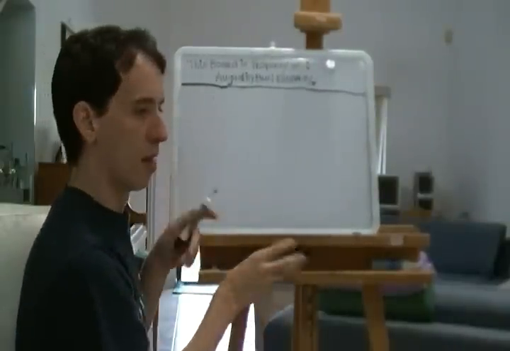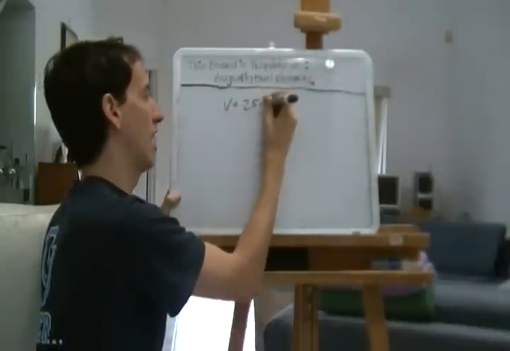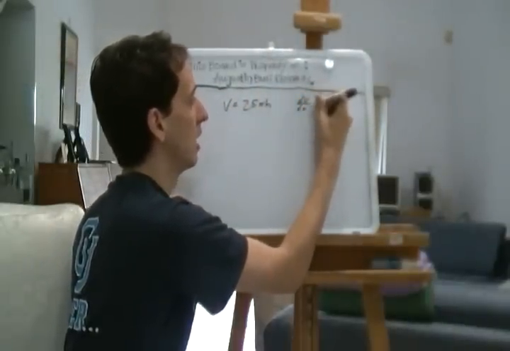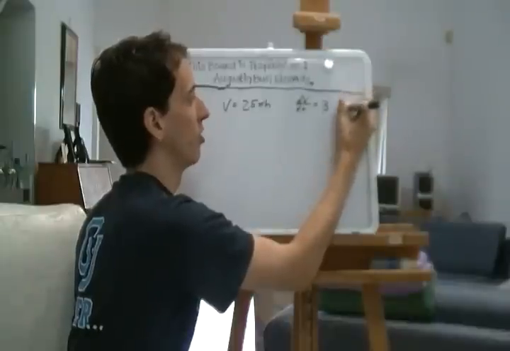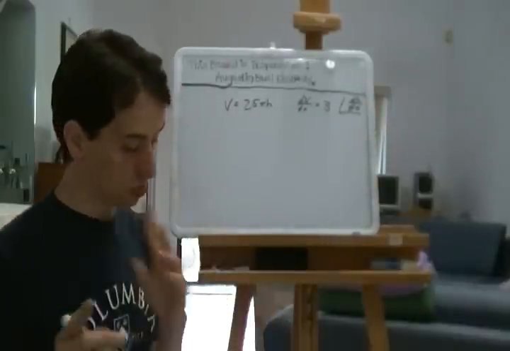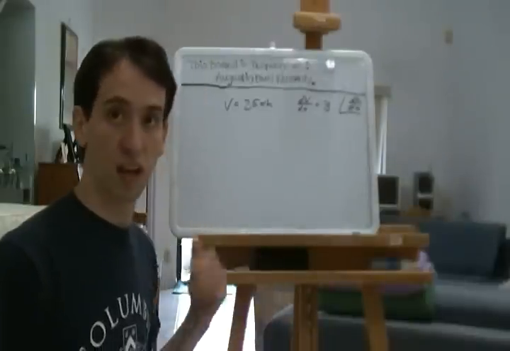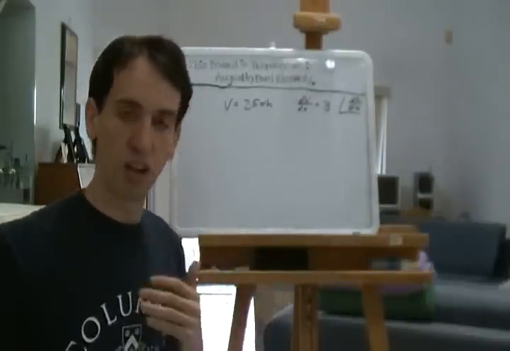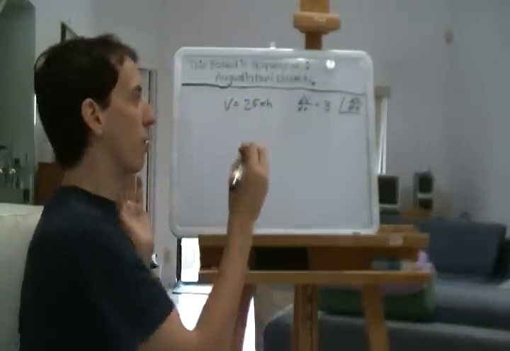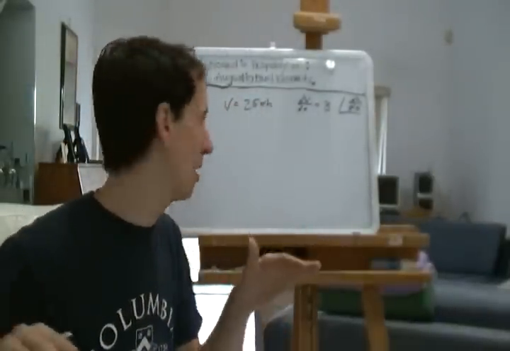We know V equals 25 pi h. We know dV dt equals 3, and we want to know dH dt. So the first thing we're going to do, if you remember, is we're going to differentiate. It's very important to do this because that's how we're going to get dV dt. We differentiate everything with respect to time.